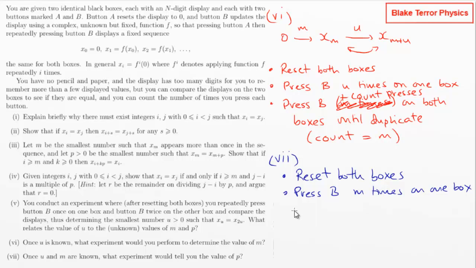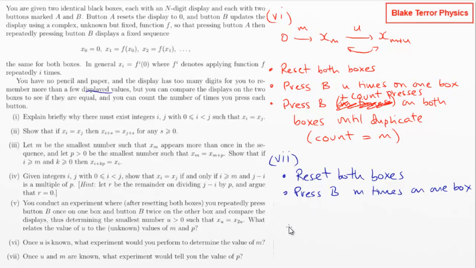Okay, and then, I'm just coming back here. You have no pencil and paper. Displays too many digits for you to remember more than a few display values. Well, you could just remember that value and then press it. It says we can remember display values.